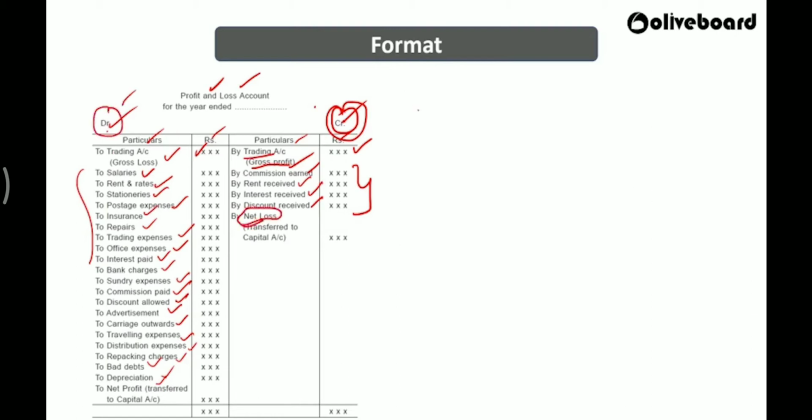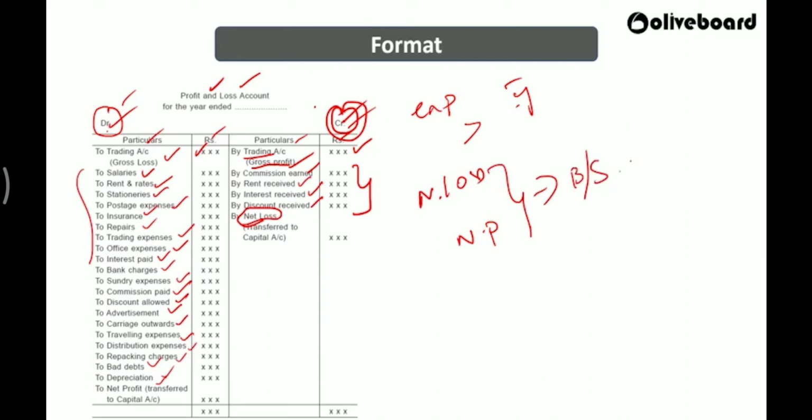Debit side is nothing but expenses. Credit side is nothing but incomes. So if expenses are greater than income, then it is net loss. If incomes are greater than expenses, then it is net profit. This will be transferred to your balance sheet under capital account. That's it.